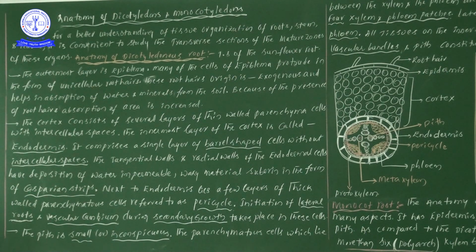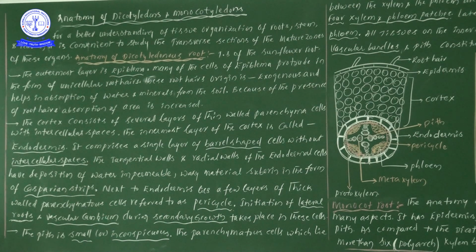Now what are the cells involved in the formation of the epidermis? All are compactly arranged without any intercellular spaces. As in my explanation of the epidermal tissue system, the epidermis is the outermost protecting layer. The cells are elongated and compactly arranged without any intercellular spaces.